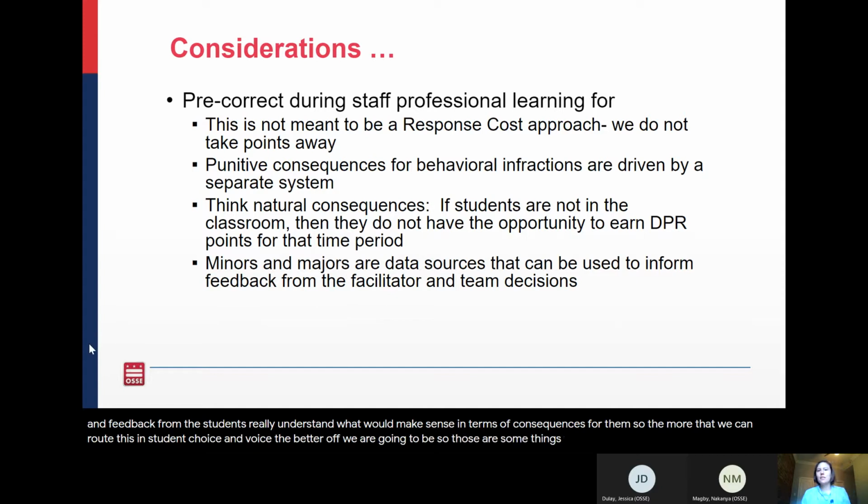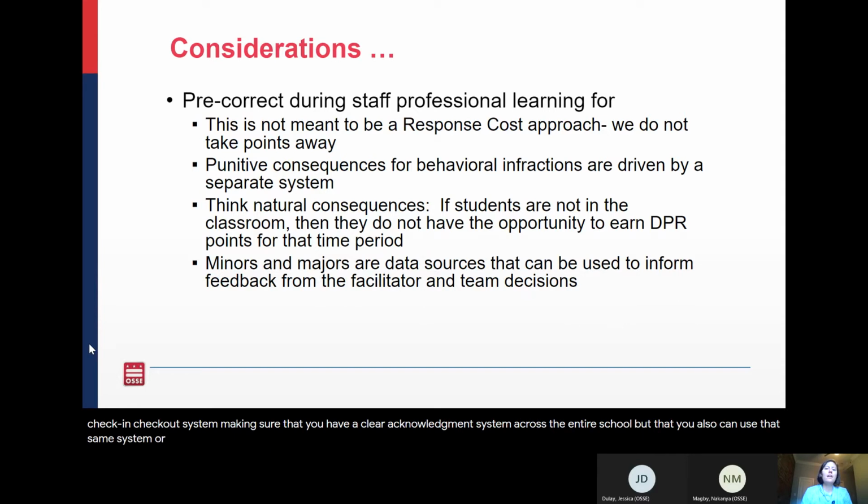So those are some things to consider when you are building your check-in, check-out system, making sure that you have a clear acknowledgement system across the entire school, but that you also can use that same system or a slightly modified version of that system at your tier 2 level for your check-in, check-out systems.